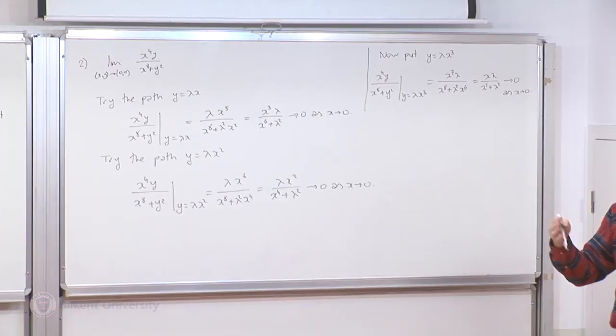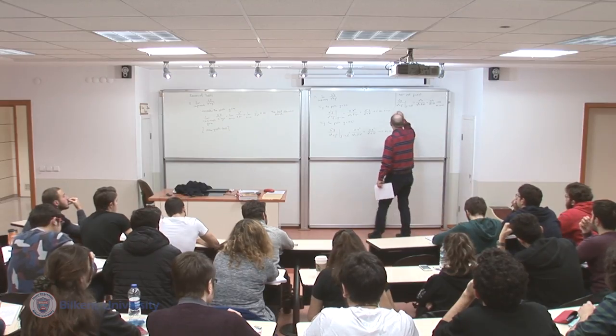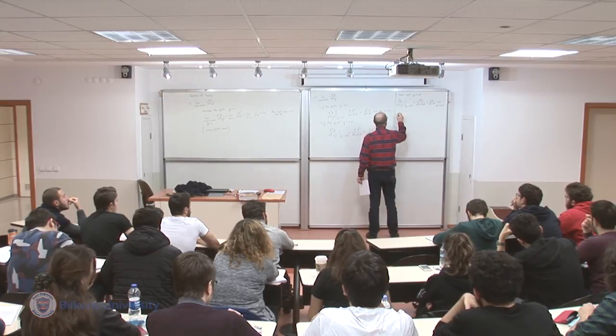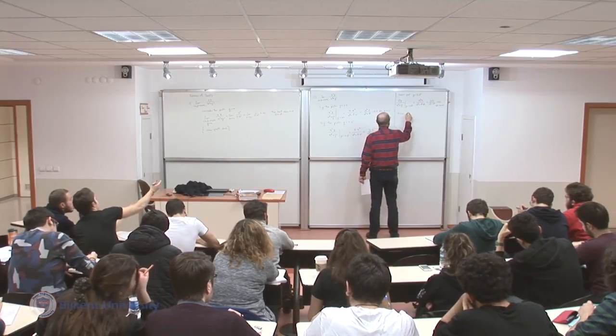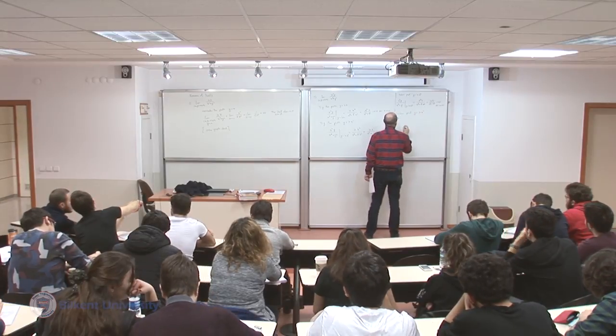Okay, so I'm doing this to train our feelings so that we don't jump to the conclusion that the limit is 0. Next, finally, in this case, as you are expecting, now put y equals lambda x to the 4.